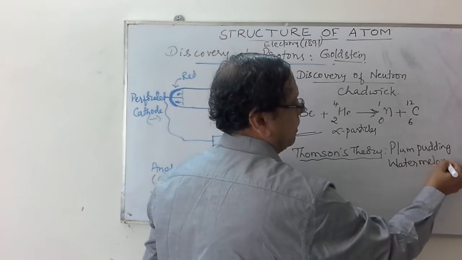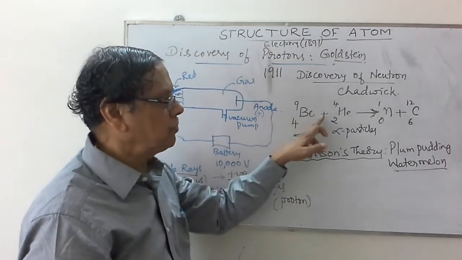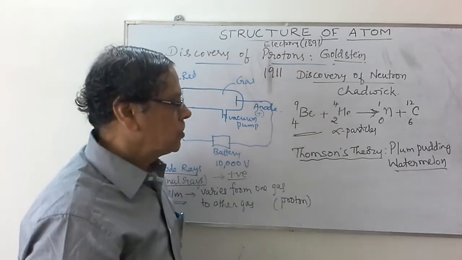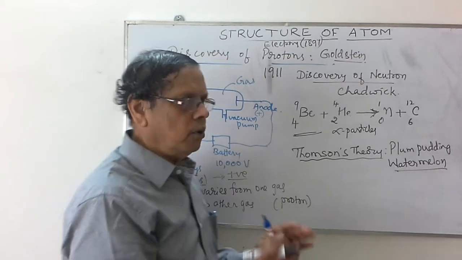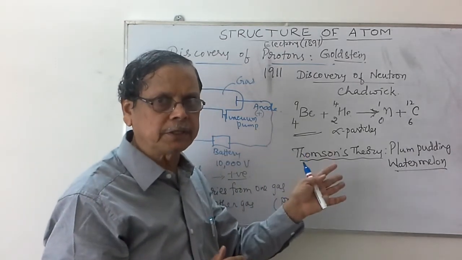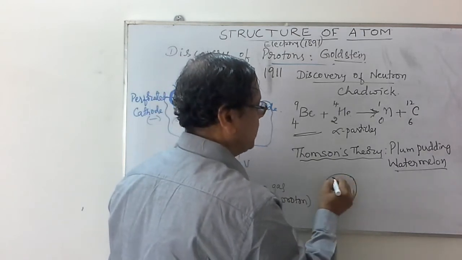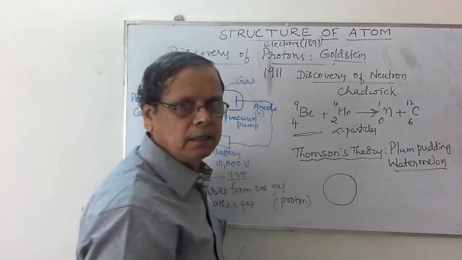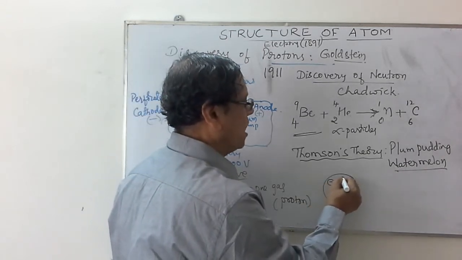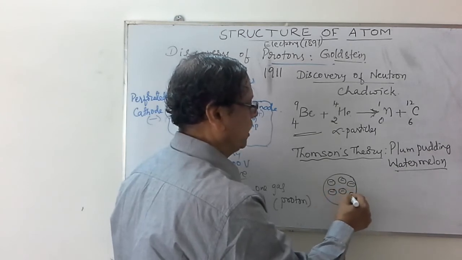Remember, during the time of Thomson's theory, neutrons were not discovered. Only protons and electrons were available. So he considered that the whole mass of the atom is made up of protons. Assume that this is the atom, carrying positive charge throughout. Here and there, just to neutralize the charge on the atom, the electrons are distributed.